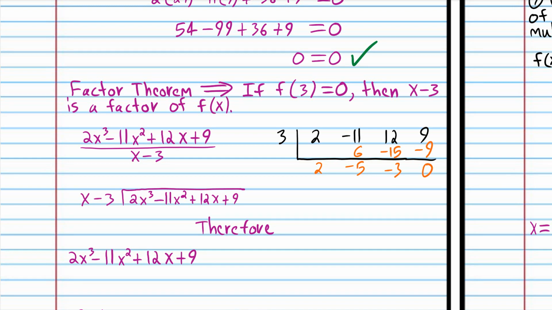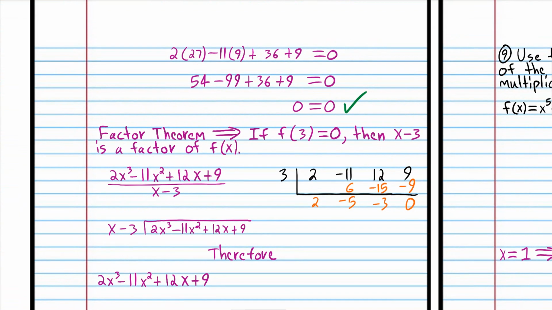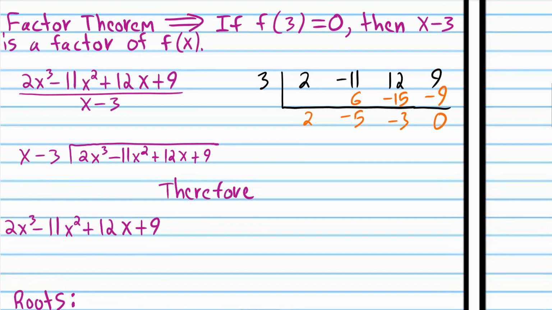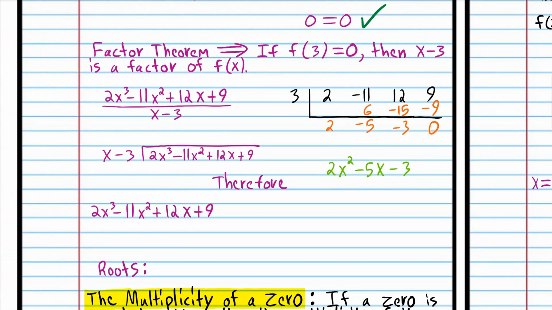And we already found that that's equal to 0 up here. Okay, so now we have a depressed polynomial. We have a degree 3 polynomial, and we're going to go down to a degree 2 polynomial. Remember, you always go down by one degree.